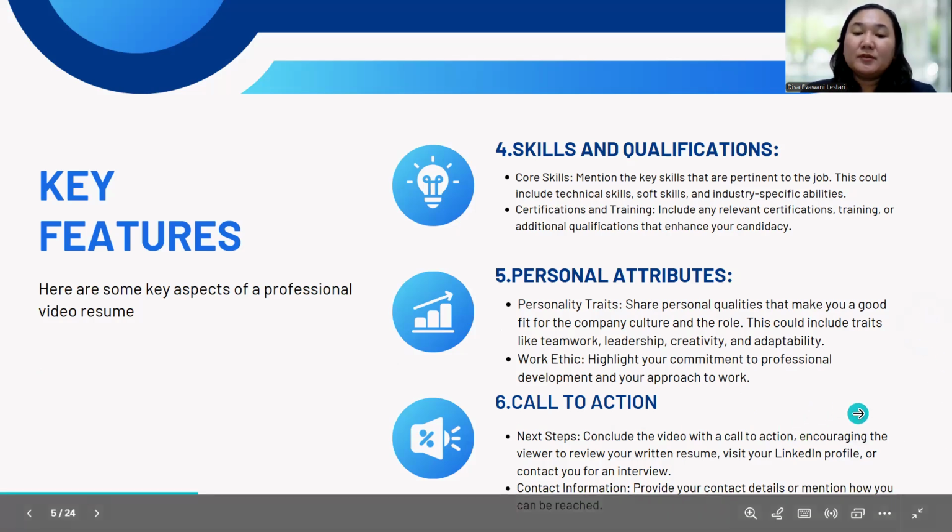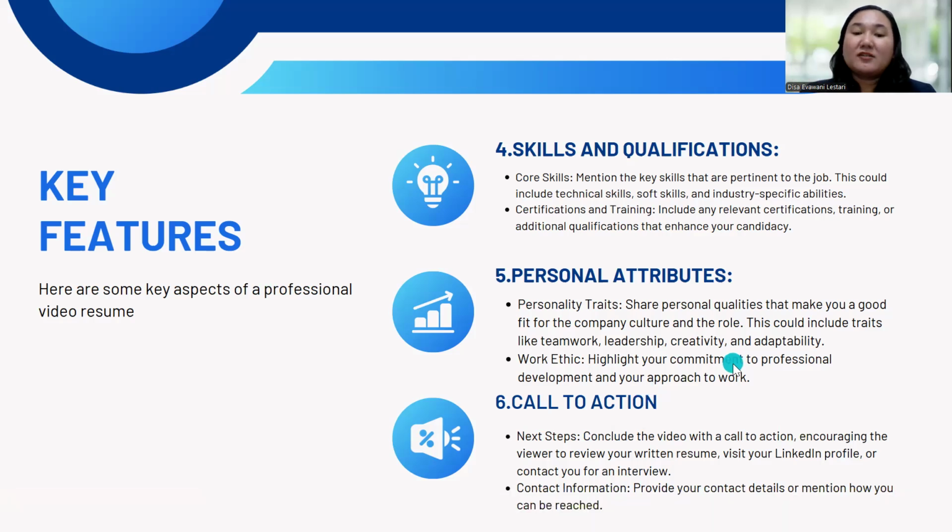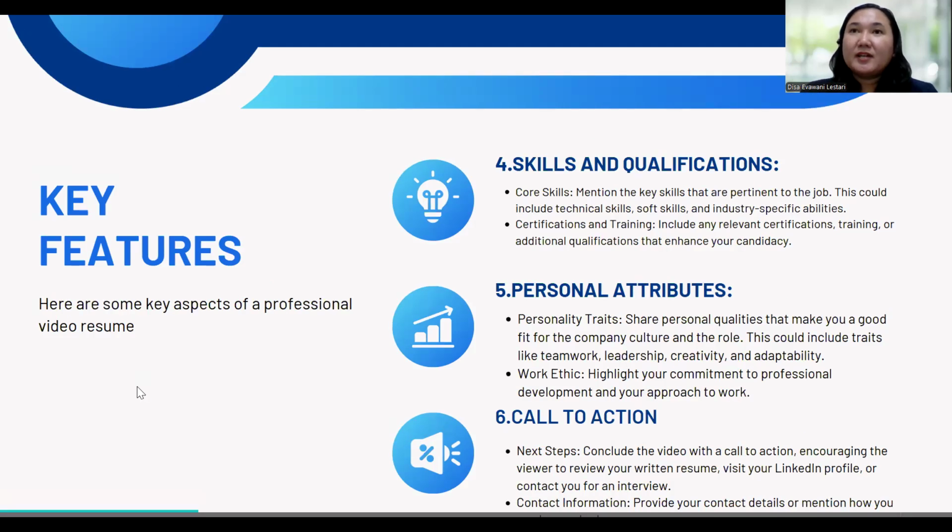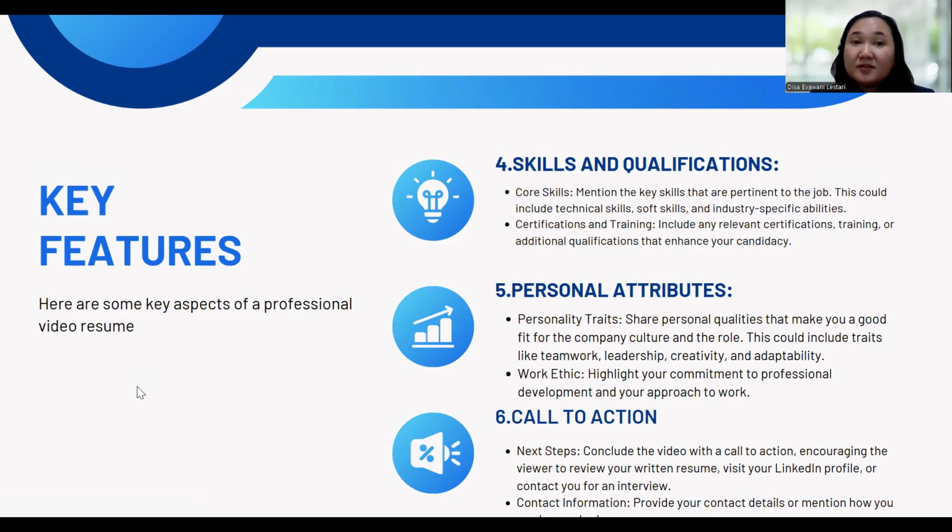Lastly, you might want to close with a call to action. Okay. What are the next steps? Okay. Conclude your video maybe by saying you are looking forward to the interview, or they are interested in reading your written resume, or so they read the details on your resume, or they want to contact you on WhatsApp or on email.